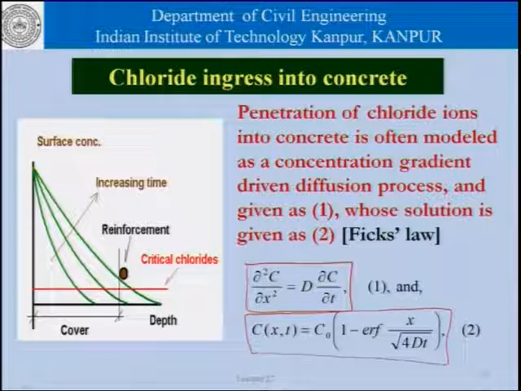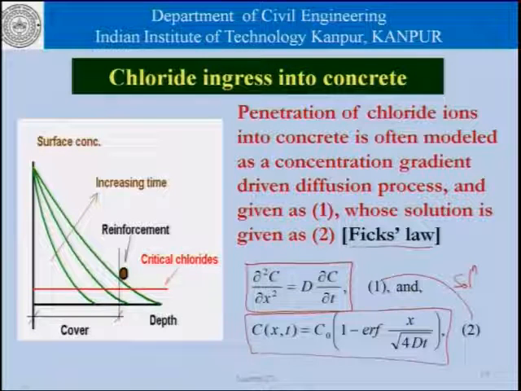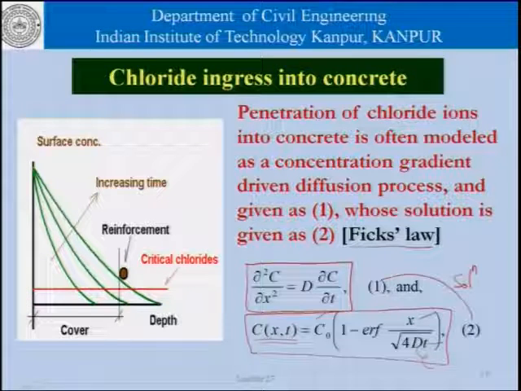So, the equation 2 is a solution of equation 1, and this is the so called well known Fick's law. What it says is that the chloride concentration at a given location is related to the depth, time, the surface concentration and the diffusion coefficient, and this builds up from here, that is with the increasing time more and more chlorides get into the concrete.